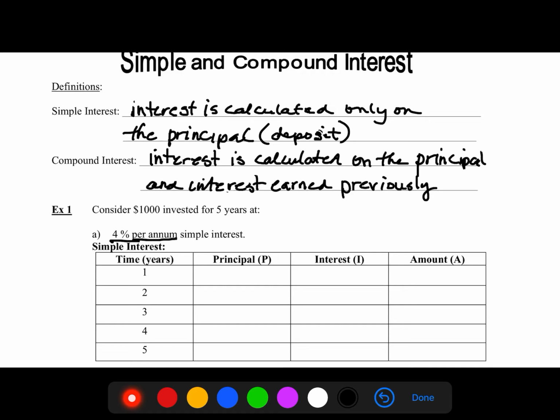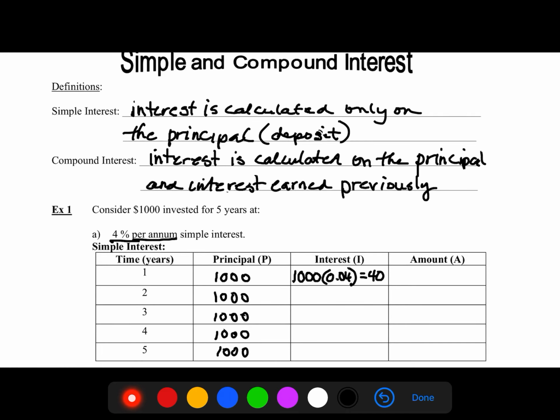So $1,000 invested for 5 years, 4% per annum, and per annum simply is the Latin, financial way of saying per year, and we're looking at simple interest. So our principal for every year doesn't change. It's going to be $1,000 every single year.